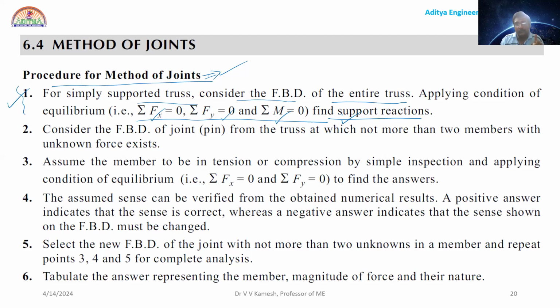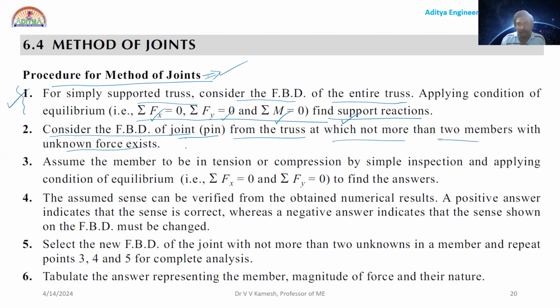You know the external loads, you know the support reactions, but inside there are members of the truss. Now I need to calculate each and every member, right? So to calculate, consider the free body diagram of a joint from the truss at which not more than two members with unknown force exist.